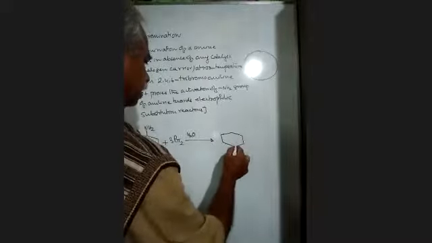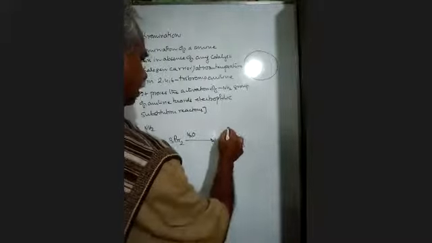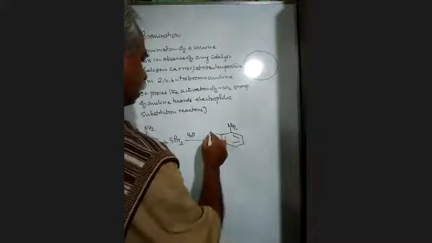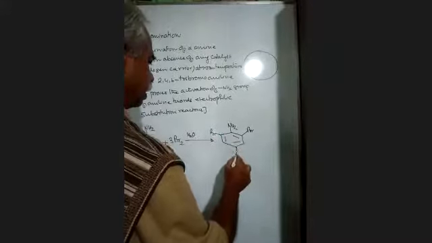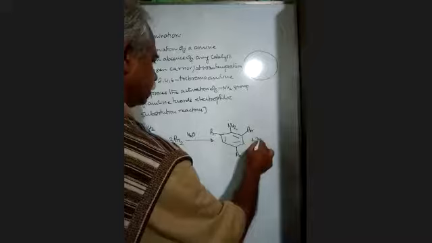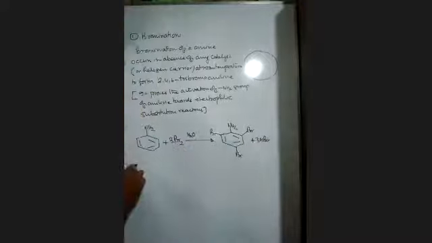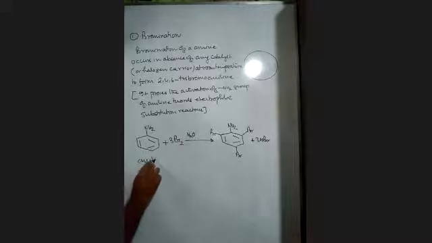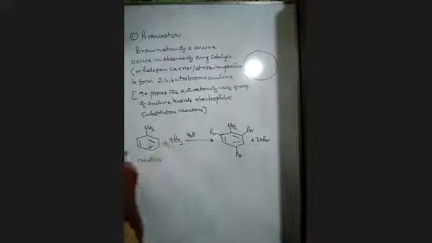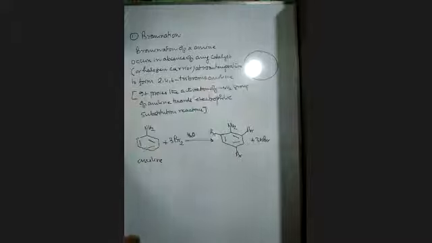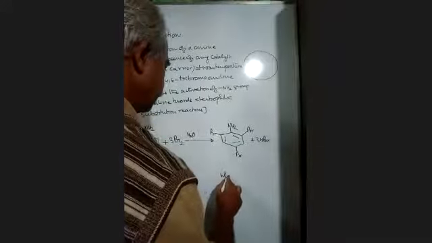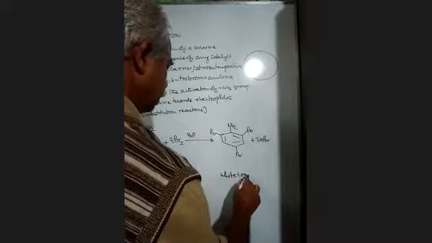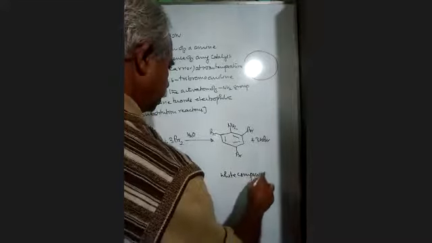So you get here NH2 with three Br plus 3HBr. This name I will not write, you write this one. If you write once or twice, then you will not forget. Then below that you write white compound.